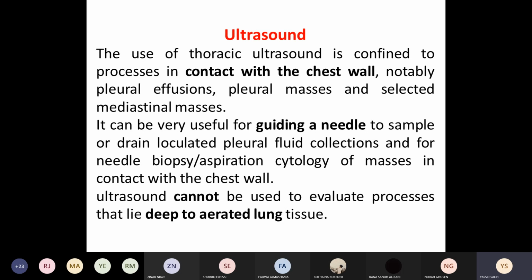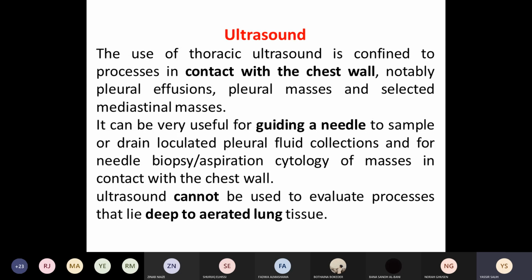So CT and ultrasound can both be used as the guidance technique for a needle biopsy or aspiration cytology anywhere. Now we are concerned with the pleura and the lung. So CT and ultrasound are used to guide the needle or any other instrument for biopsy or aspiration of the fluid.